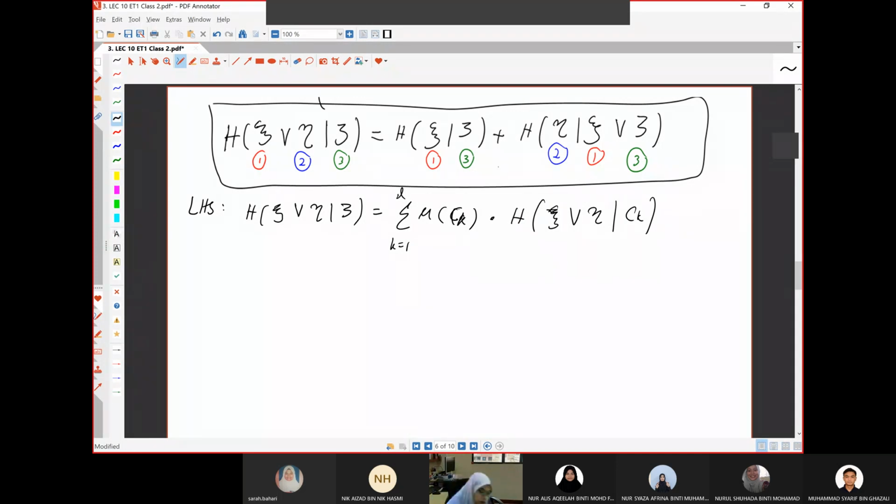Alright, so now you find this. This is equal to the sum of K from 1 until L of mu CK. And then you can find the entropy for the partition with respect to element, which is the sum over AI and BJ, so I from 1 until N and J from 1 until M, of mu with respect to CK.